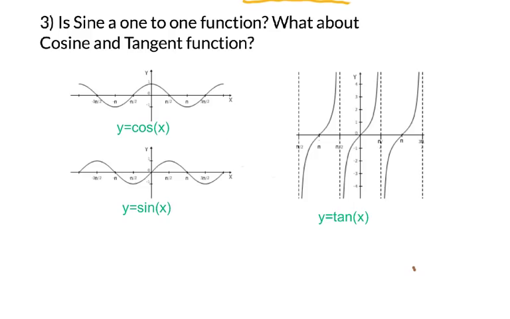Let's go to question 3. Is sine a one-to-one function or not? What about cosine and the tangent function? Let's look at the cosine function first. Do the horizontal line test.